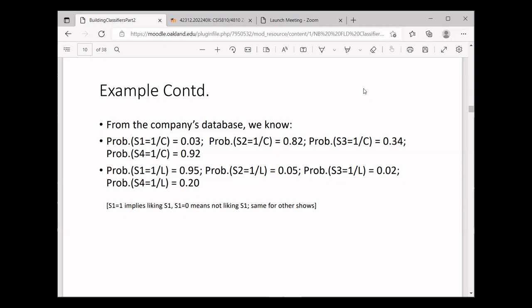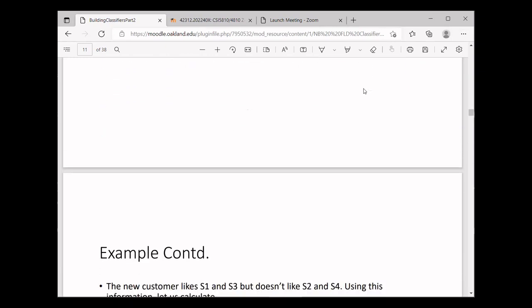Similarly, what is the probability that shows of type S2 will be liked by conservative customers? That probability is 0.82. And similarly, all the other probabilities are there. So if you look at the problem, we have the a priori probability, and we have all the conditional probabilities. Then we can plug all these numbers into our Bayes formula and calculate the probability of this new customer being a conservative customer or a liberal customer. That is what we will do in the next slide.